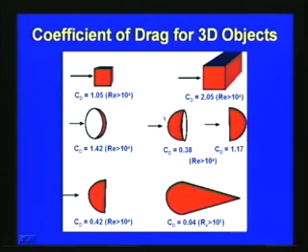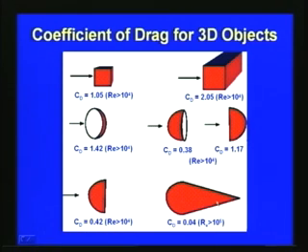If you place it this way or this way, the coefficient of drag here is much lower, 0.38, and here it is much higher, 1.17, for the Reynolds number more than 10 to the power 4. And in a very similar way, if you keep a hemisphere like this, you can see that it is 0.42.